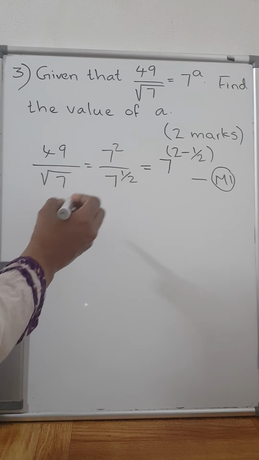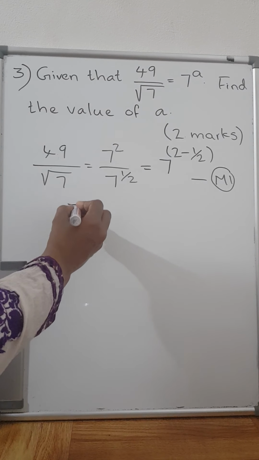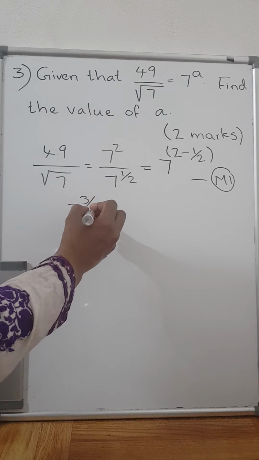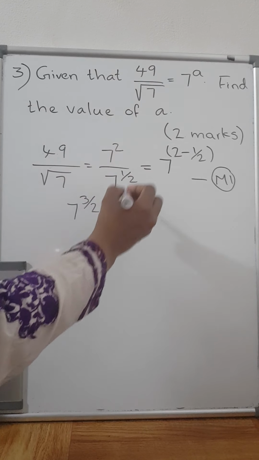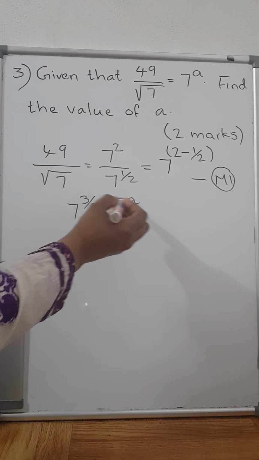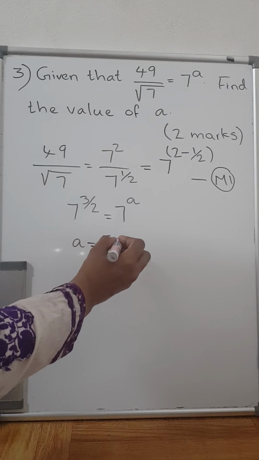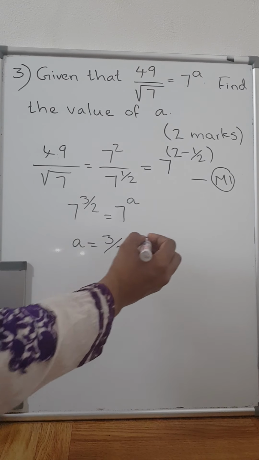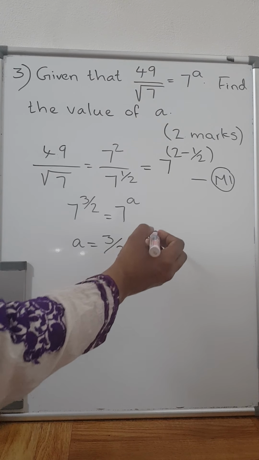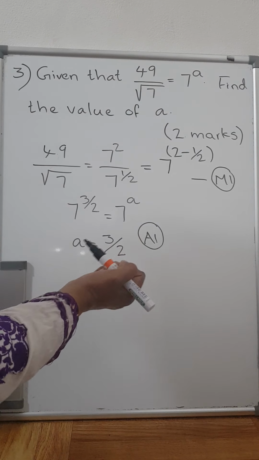Now you see, 7 to the power 2 minus half is 7 to the power 3 by 2. So that must be equal to 7 to the power a. See, bases are the same, so the powers must be same. So a is equal to 3 by 2. For finding the correct answer, a is equal to 3 by 2, we are getting the accuracy mark, 1 mark.